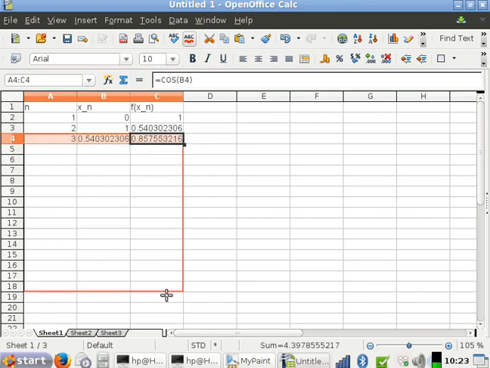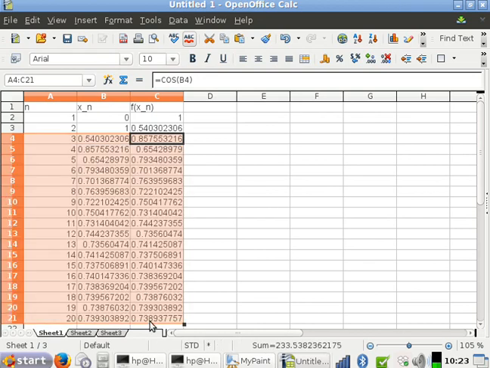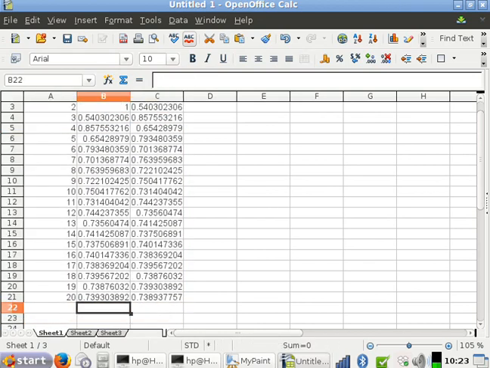So if I go to 20, I'd like you to type in on your calculator cos of this number at the bottom here. I have it highlighted there. Type in cos of that number.